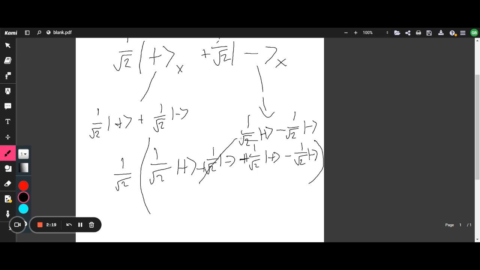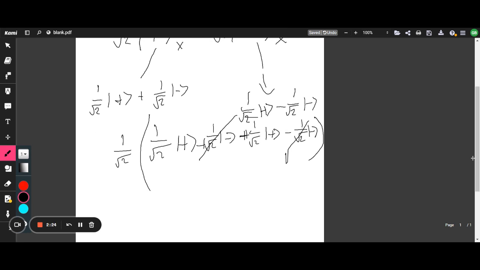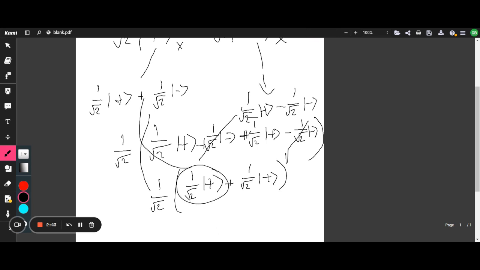Now we see the spin downs cancel, and we are left with 1 over square root 2 spin up in the z direction plus 1 over square root 2 spin up in the z direction. Remember, the first spin up in the z direction came from the spin up in the x direction, while the second came from the spin down in the x direction.